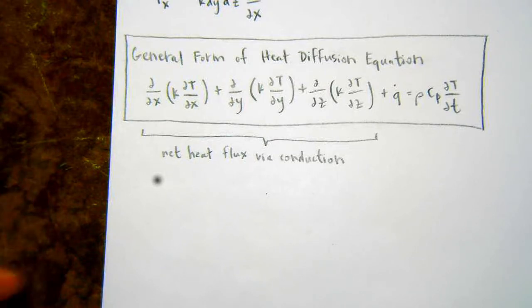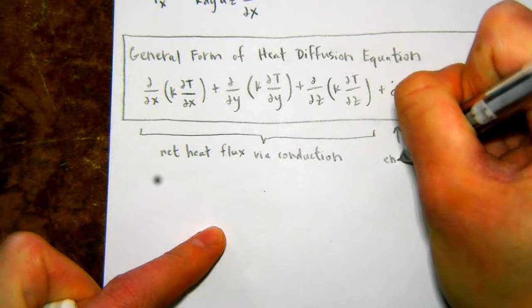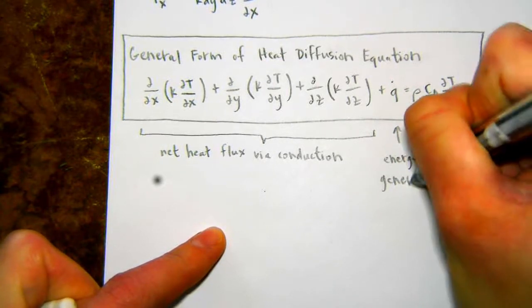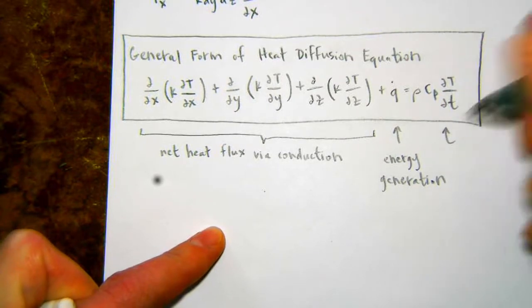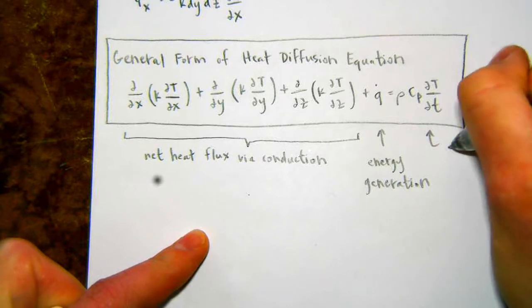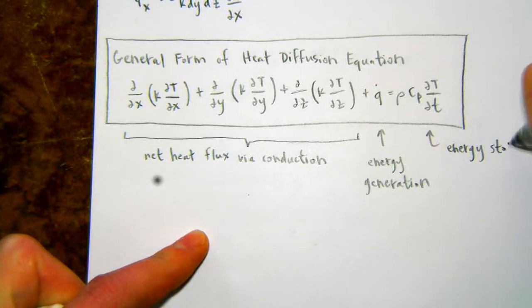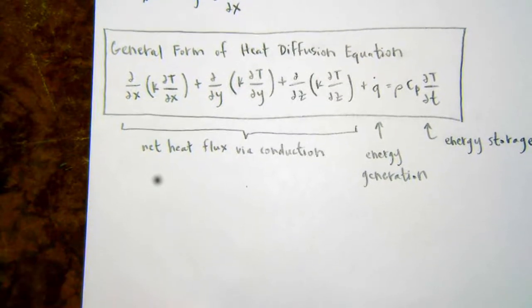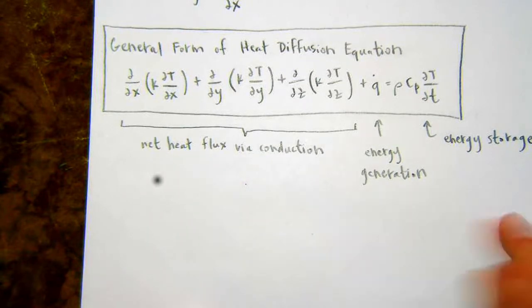And then this term is related to the energy generation and then energy storage. Which, if you think about the first law, that's exactly what we have, basically all the components of the first law. So the heat going in and out, the energy generation, and then the change in the energy storage.